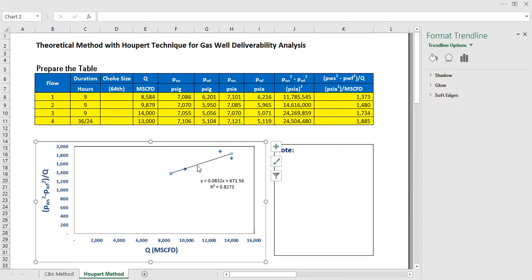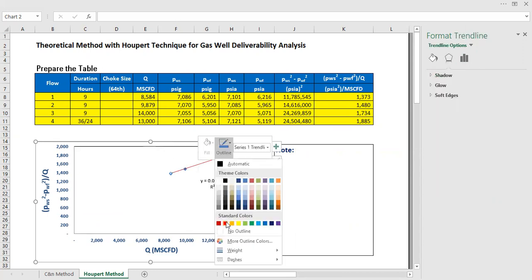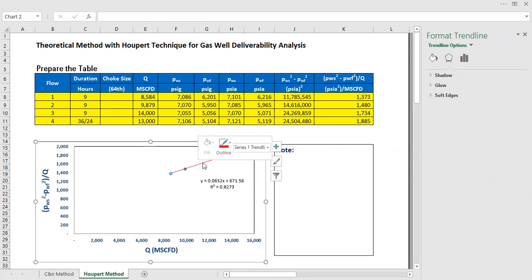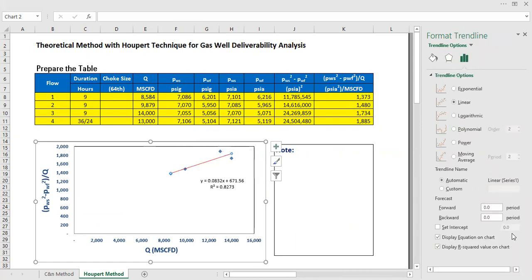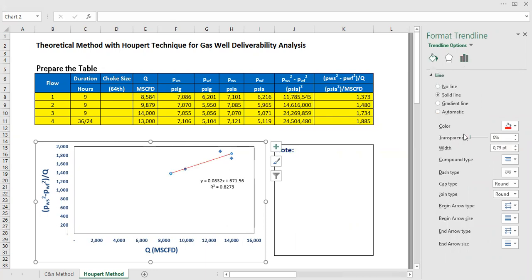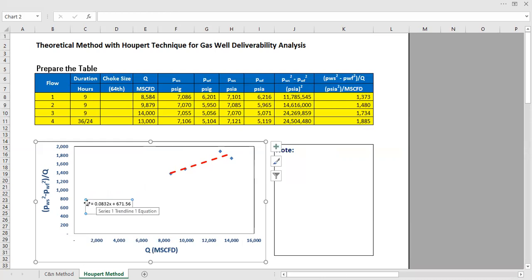And I just want to color it red, and it's quite thick and dashed. Want to make it quite thick like this. And I want to make this bigger.